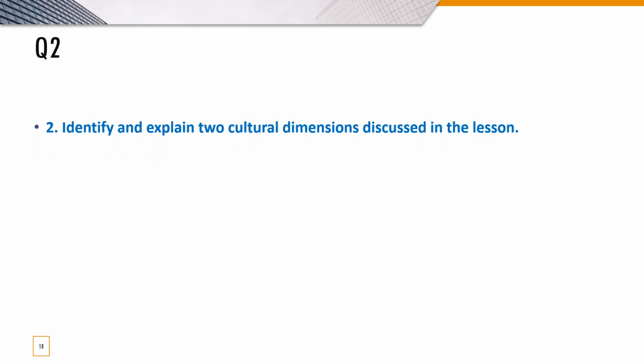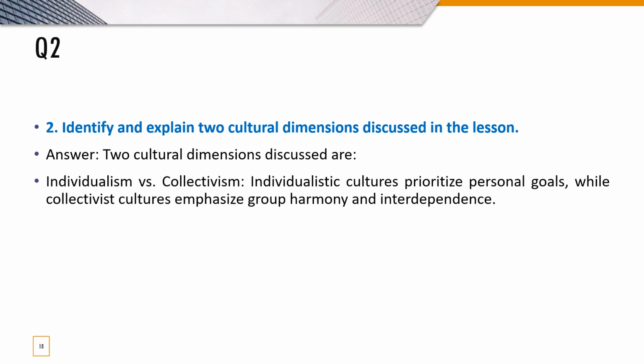Number 2, identify and explain two cultural dimensions discussed in the lesson. Among the cultural dimensions discussed are the following two: individualism versus collectivism.